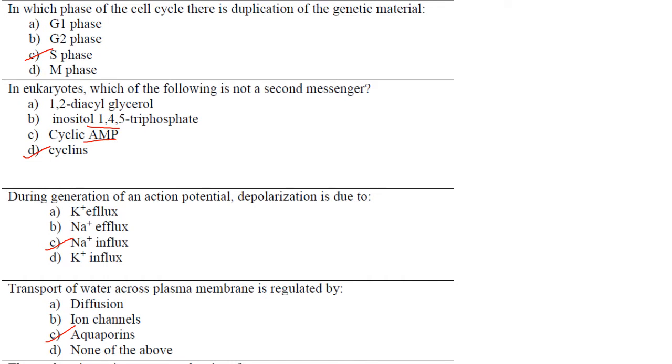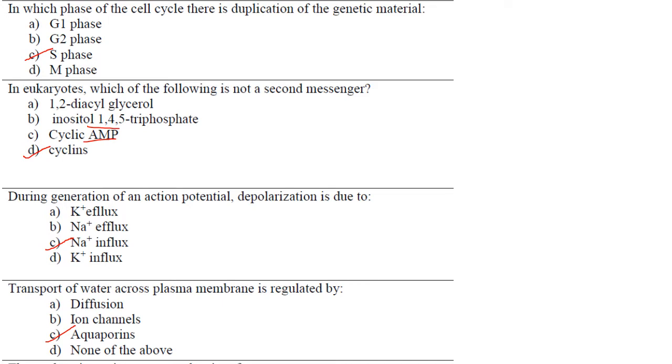So second messengers are intracellular molecules released by the cell in response to exposure to extracellular molecules, or else I can say in response to exposure to first messenger. So out of these, that is 1,2-diacylglycerol, inositol 1,4,5-triphosphate, cyclic AMP, cyclins are not secondary messengers. All the others are secondary messengers.